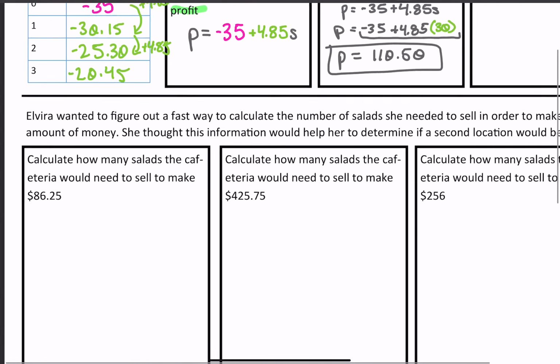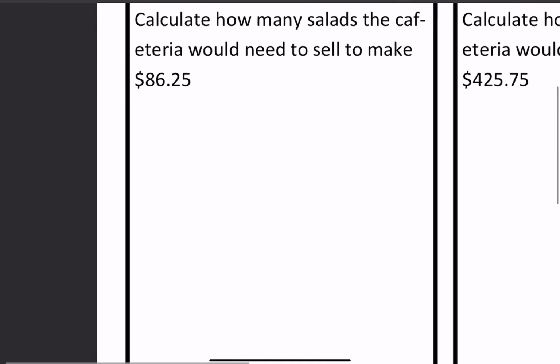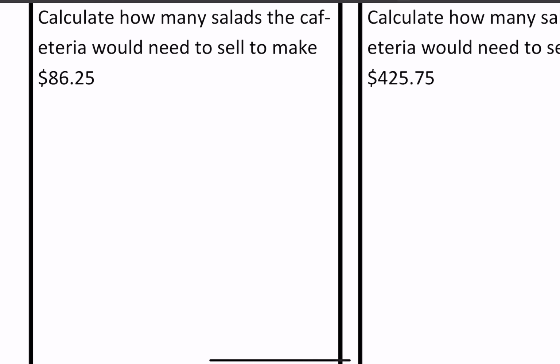All right, in the next one, it says Elvira wanted to figure out a fast way to calculate the number of salads she needed to sell in order to make a certain amount of money. This information would help her to determine if a second location would be helpful. So we're still using that equation we created: P equals negative 35 plus 4.85 S. But this time we're trying to get money.